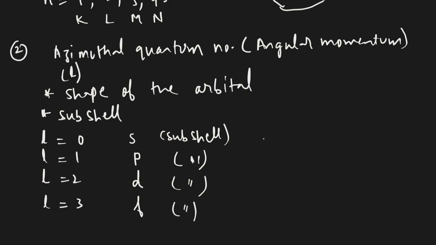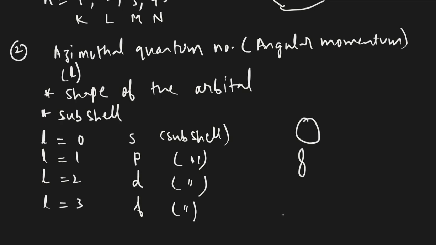And they have a particular shape. When l is 0, that is when we are talking about the S subshell, it has this particular shape, spherical. I'm sorry, the drawing is not that good. Okay, and when l is 1, that represents the P subshell, and it has a particular shape which is represented as this.